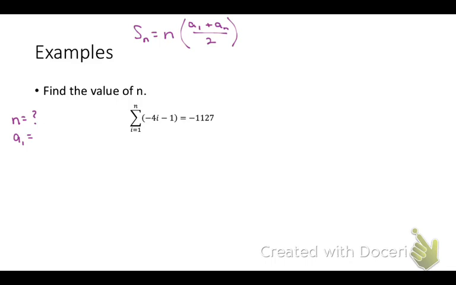How are we going to figure out the first term? Just plug it in, right? So I'm going to have negative 4 times 1 minus 1. So negative 4 minus 1. So my first term is negative 5. I'll come back to that in just a second. Now, from here, I need to know what the last term is to find my previous term.